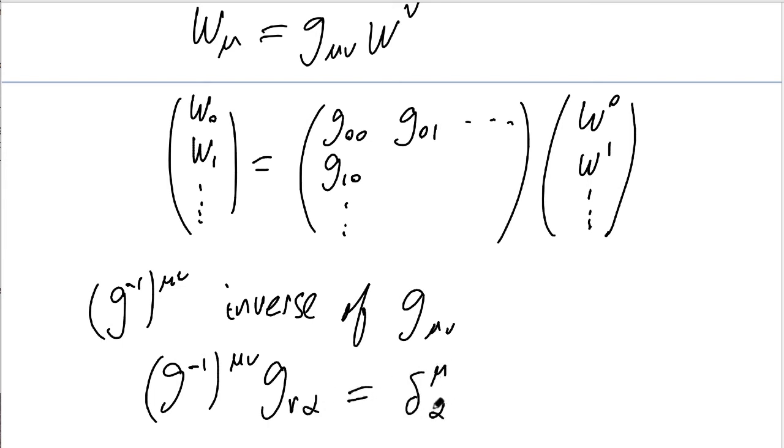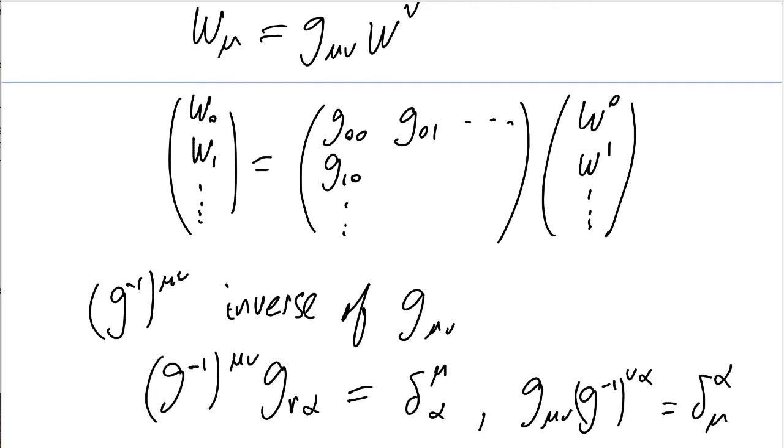That's the Kronecker delta alpha mu. So here we're summing over nu, and that represents the process of matrix multiplication. And we can also, of course, turn this around and write G mu nu G inverse nu alpha. And multiplying that out, we get the identity, Kronecker delta mu alpha.